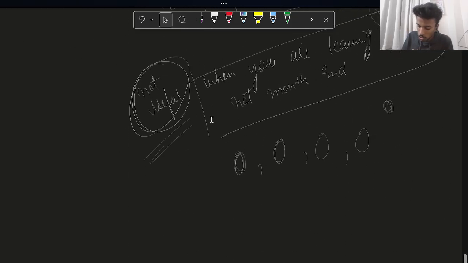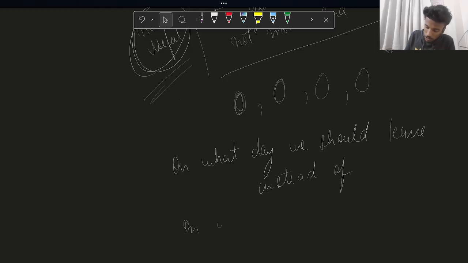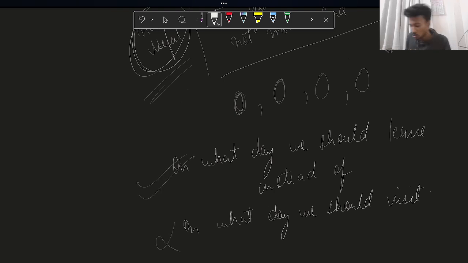Seeing the visit day will cause many problems, but seeing the leaving day is easy because we know we should always be leaving on some month's ending.